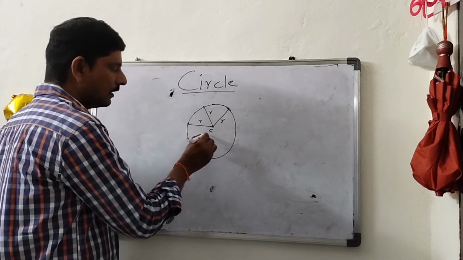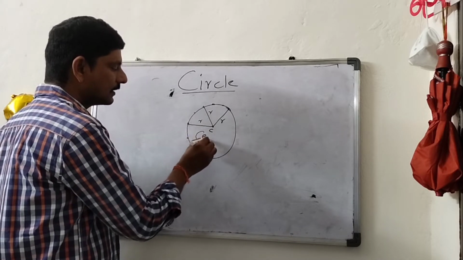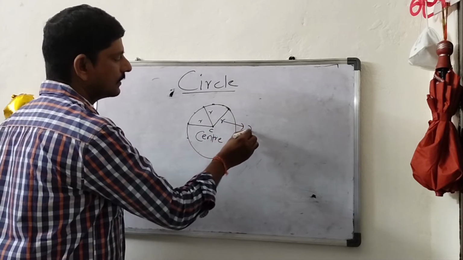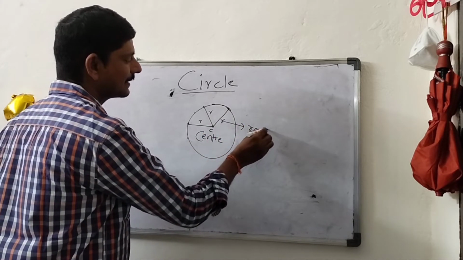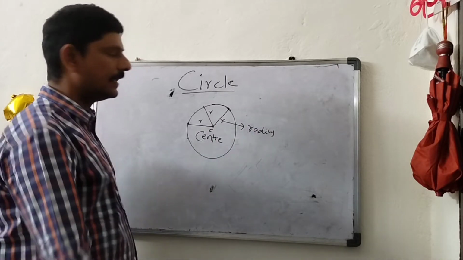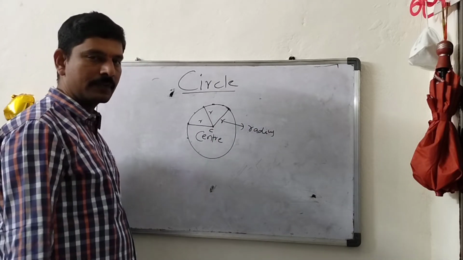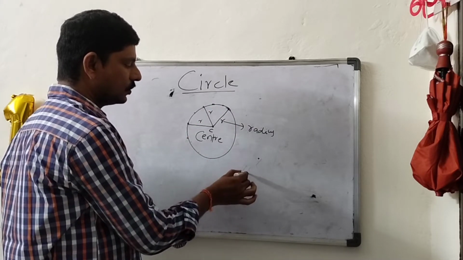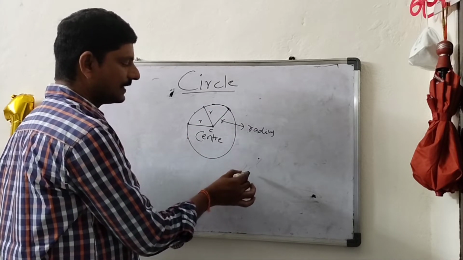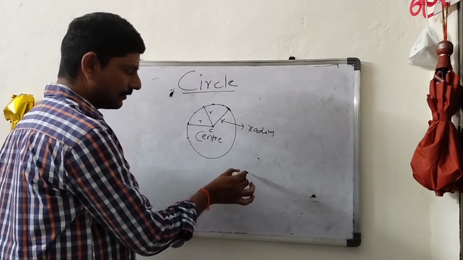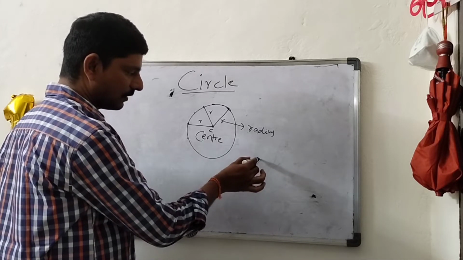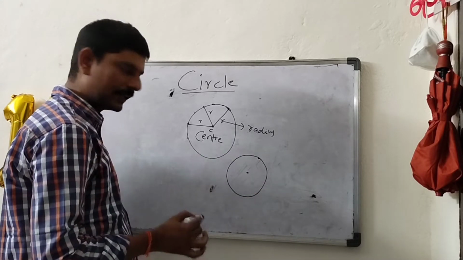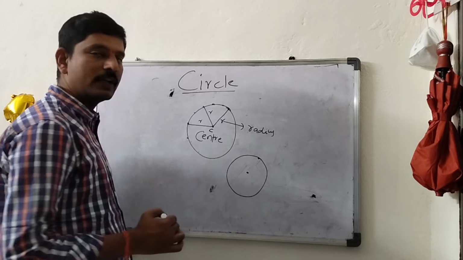So here the fixed point is called the center of the circle and the fixed distance is called the radius of the circle. So the locus of the point which moves at a fixed distance from a fixed point is called a circle, okay students.